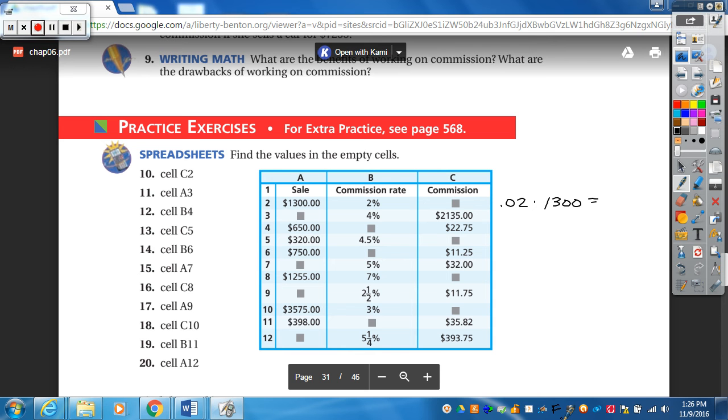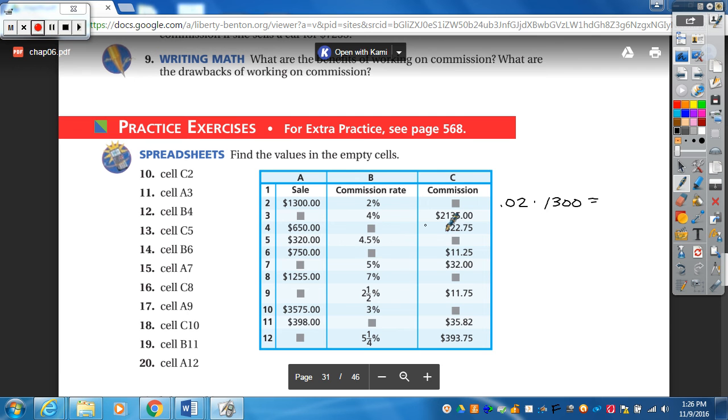Number 11, this time we want to know the sale. And so what I'm going to do is, let's see here, the commission rate, we want to know the sale, and the commission is given. So there's several different ways you can do this. You can either set it up like this.